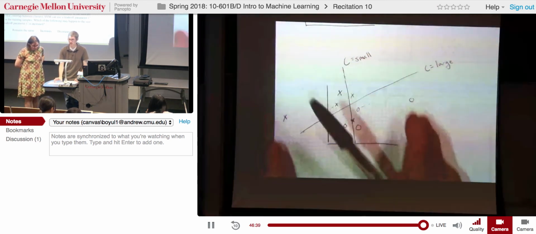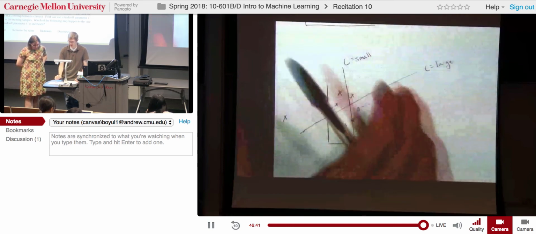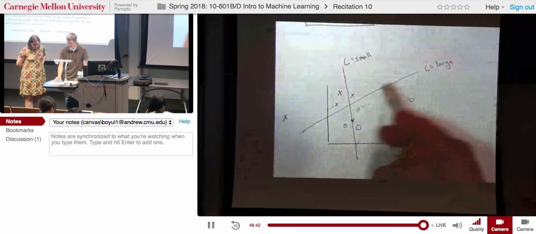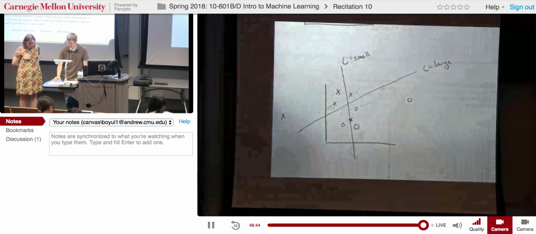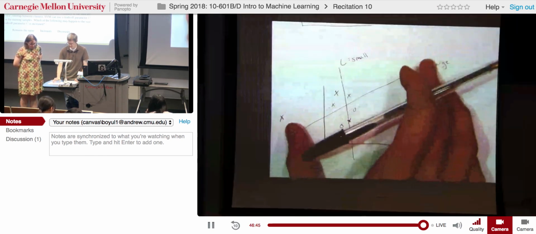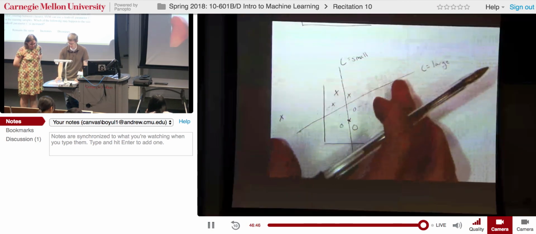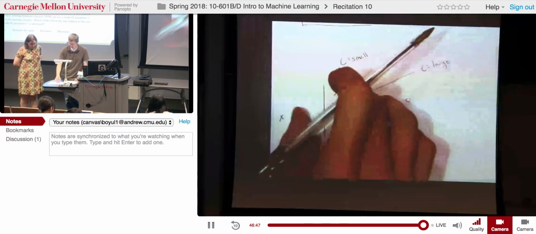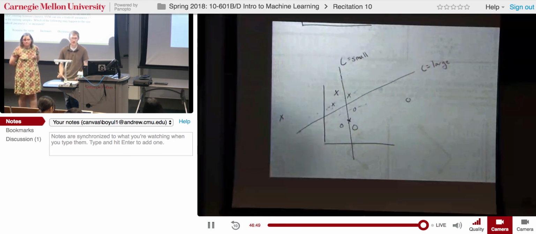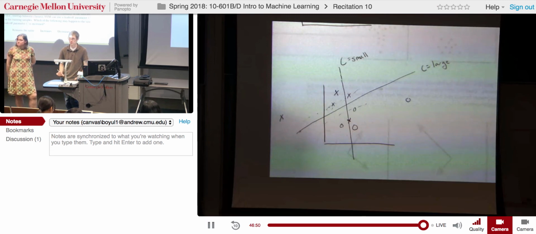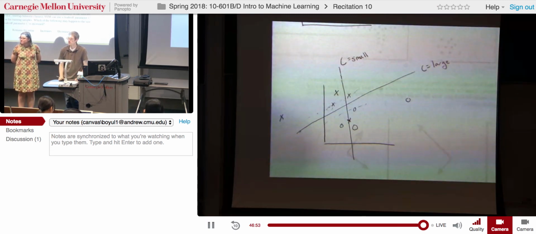Okay, so let's say we set C to be very small. In that case, the error penalty has a very small effect on our cost function. We can set the error to be arbitrarily large without having a big impact on our cost function.